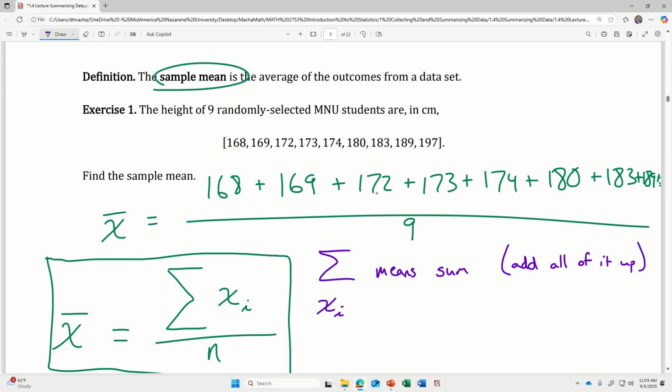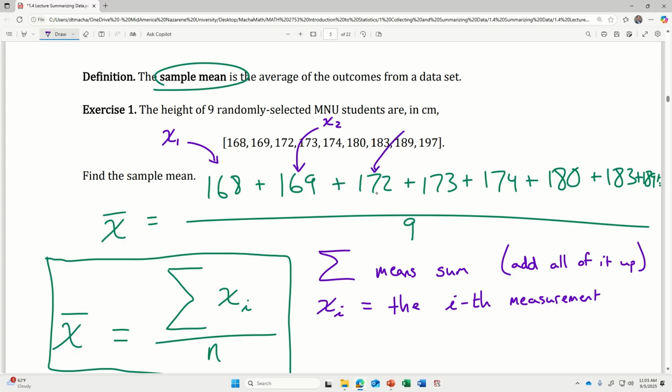x_i is talking about the ith measurement. And that is just saying, look, this guy that's 168 centimeters, that's x1. This girl that's 169 centimeters, that's x2.